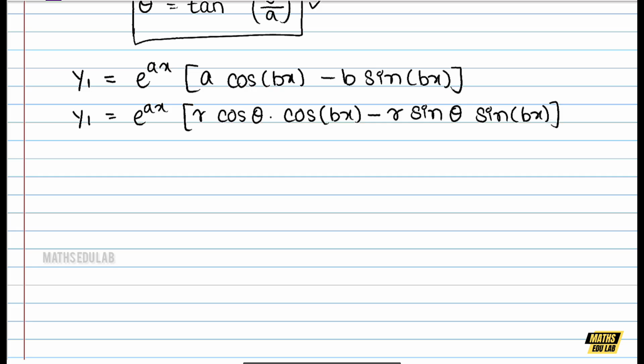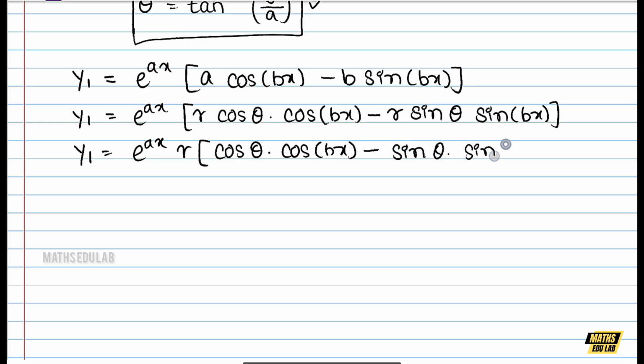So I have substituted the values. Now here r is a common term, so I have taken r as common, then cos theta into cos bx minus sine theta into sine bx. So this is the equation.